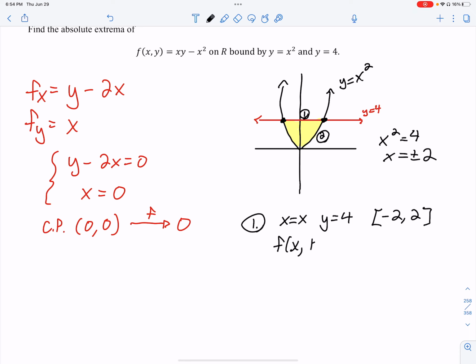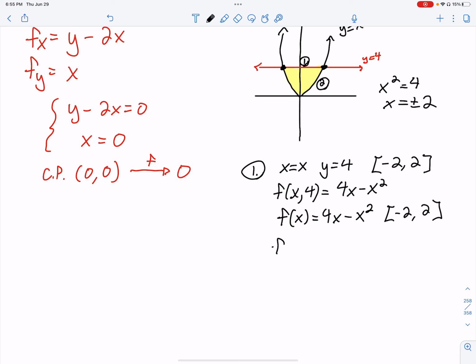I've got f of x, and I plug in y is 4. So I get 4x minus x squared. So f of x is equal to that. I'm just rewriting for note's sake, and I know it's the interval negative 2 to 2. So we have to find the absolute extrema of that.